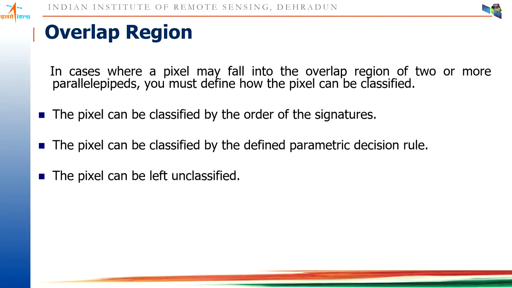If some person is a wetland expert, for him the water class is most important, so he will take the signature of water. So the order of taking signatures is also important. The pixel can also be classified by any other parametric rule if it is falling in that overlap area, or the pixel can be left as unclassified also.